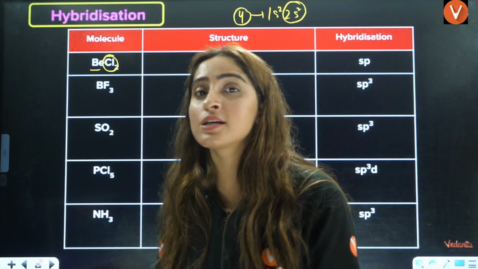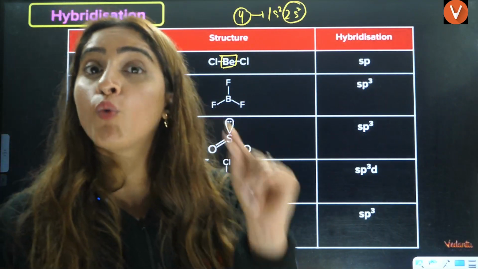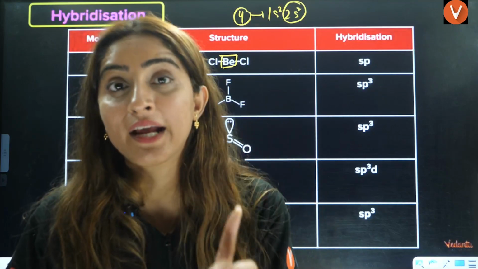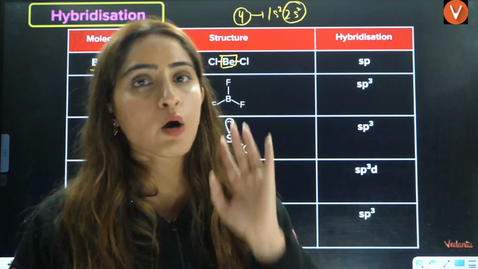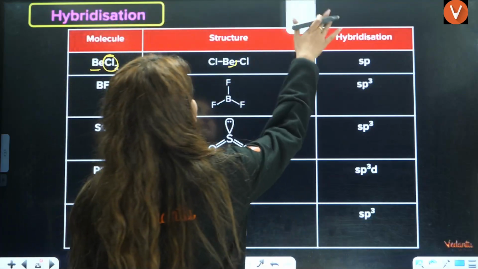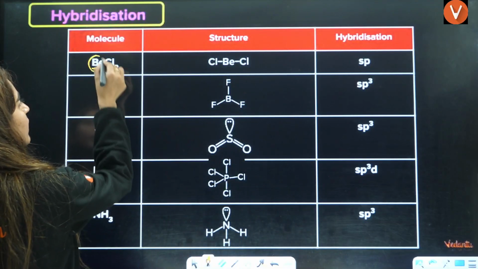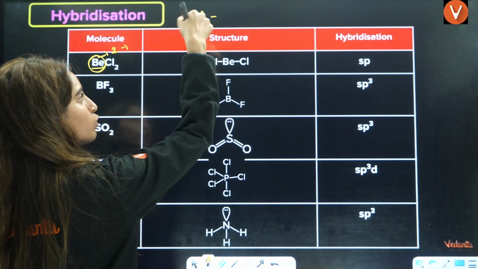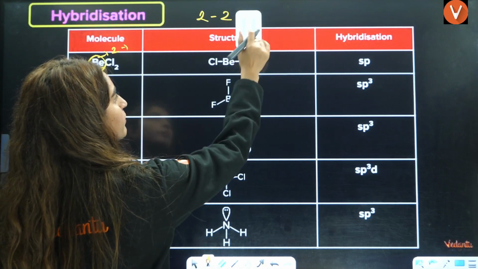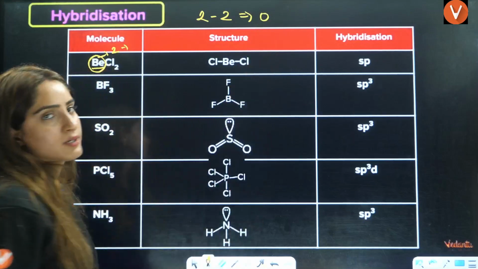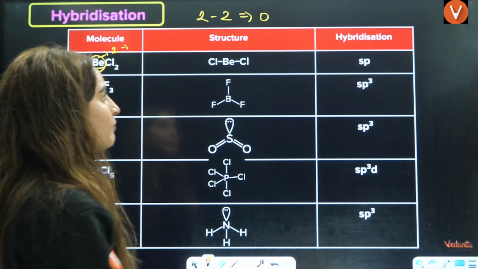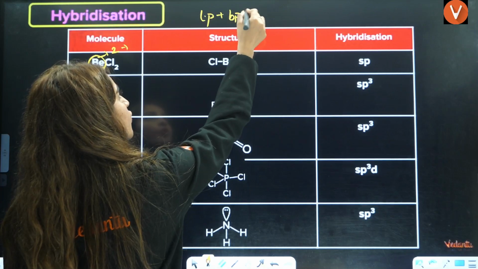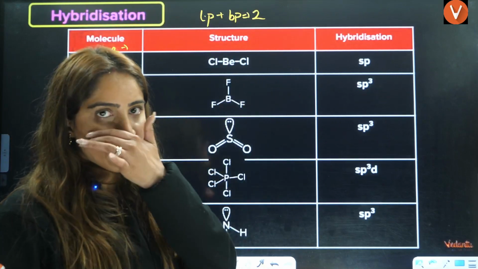In all cases, you just have to see the outermost electrons. You can directly see the group, for example group number 2, so outermost electrons are 2. Both electrons are involved in bonding, so there will be 0 lone pairs. That means lone pair plus bond pair is going to be 2.